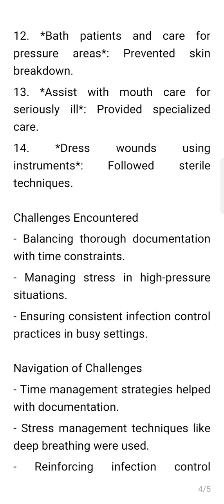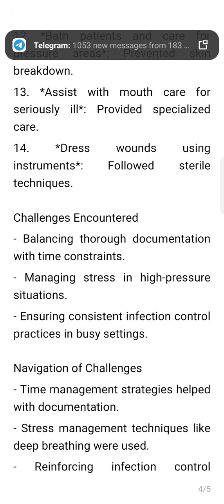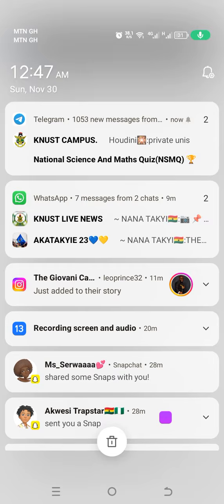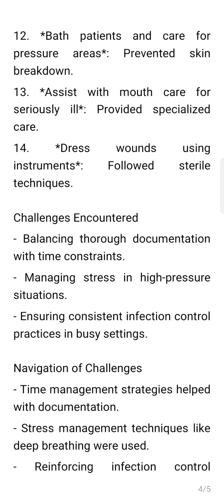The first one for the navigation follows the first one for the challenges, and the second follows the second. The first challenge was balancing thorough documentation with time constraints. What did the person do? For the navigation of challenges, you are talking about how the person overcame those challenges.